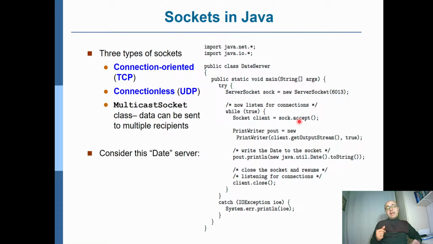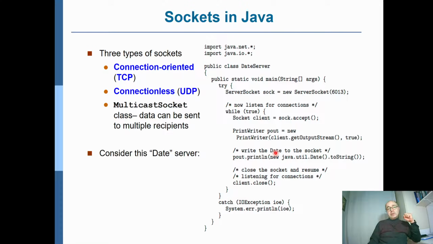That will attach that socket to a specific port, and then in Java you create an output stream that you can use for sending data. And this is the date server.